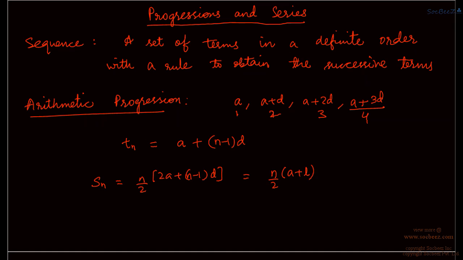Here, since there is n, we can also write L is equal to Tn. L is nothing but the nth term actually. Here, L just stands for last term. Okay.